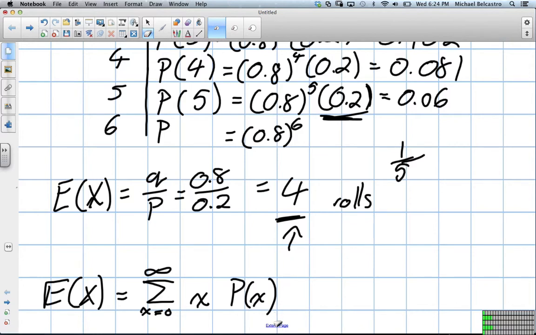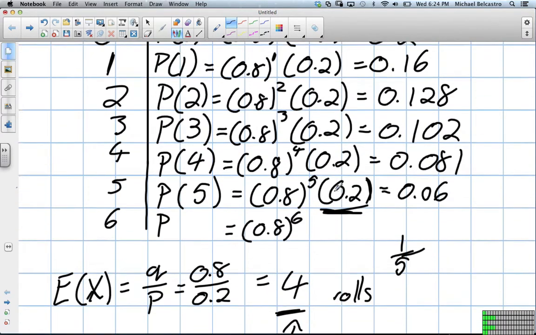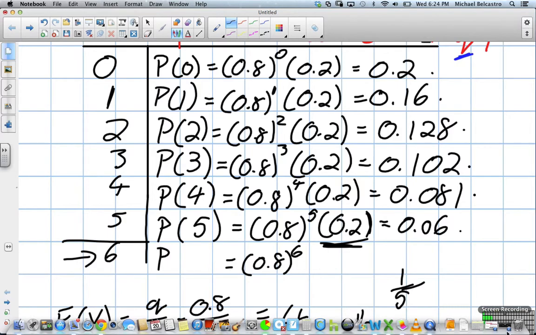In our case we had 6 rolls, which was 5 failures, so technically the 6 doesn't come into play for this one. We take these values and multiply them by the number of failures in each term.